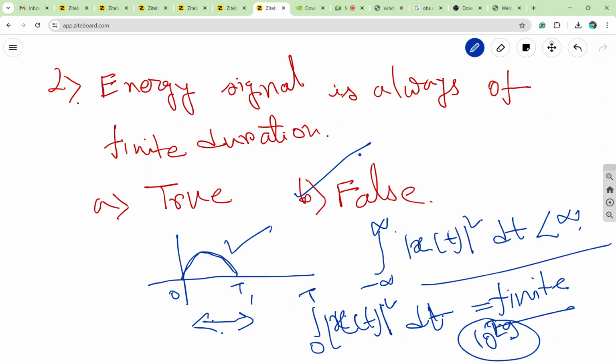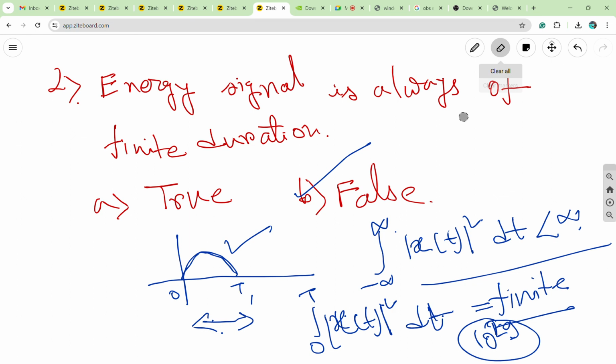Is it clear? Yes, sir. So, meaning that some decaying asymptotic signals of infinite duration are energy signals. Basically it needs to converge. You have to check whether at infinity it becomes zero or not. That's the main condition for now, though there could be other conditions for some signals.